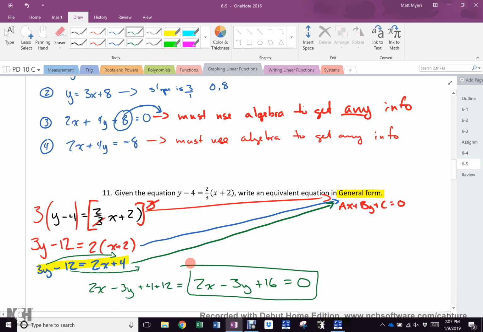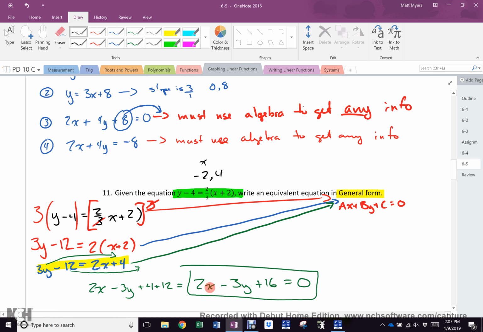Now, I told you I had a reason for doing this. When we look back at this form, what is the point that we know is on the graph? -2, 4. Yes? That -2 is an x, correct?